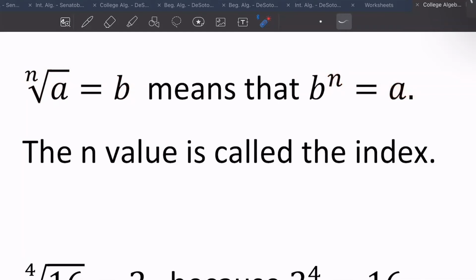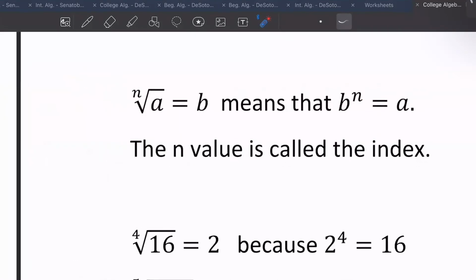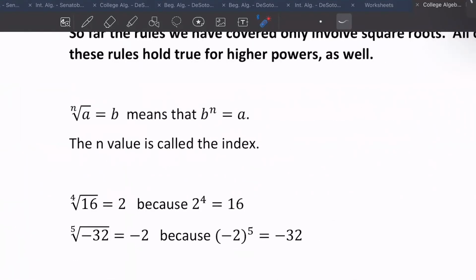We have had squares on all of ours so far, but we can generalize it into any root. And that n value right here is called the index.